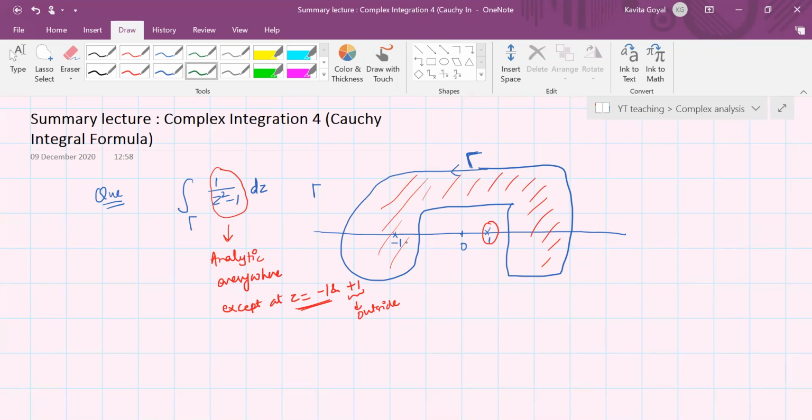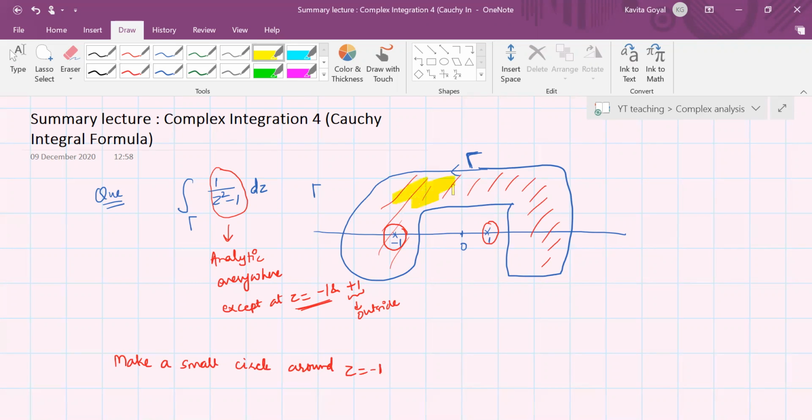We already know how we can do that. We can make another small circle around -1. This is what we did in the examples in the last video.